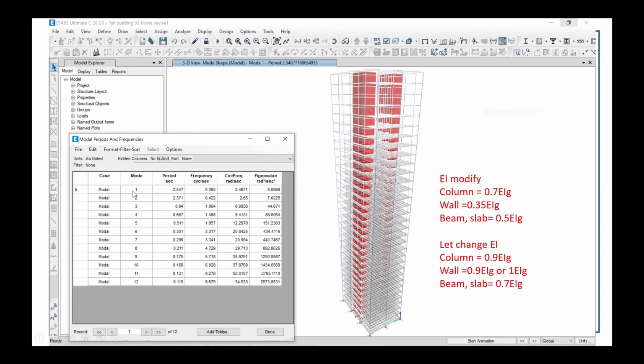For mode shape 1, the period is 2.54 seconds and the frequency is 0.79 cycles per second. And for mode shape 2 it is 2.37 and the frequency is 0.42 cycles per second. For those two mode shapes, the frequency is lower than the design recommendation.